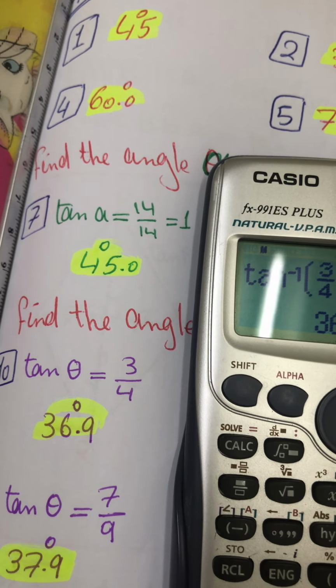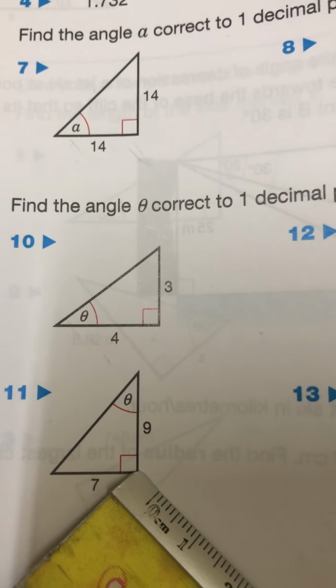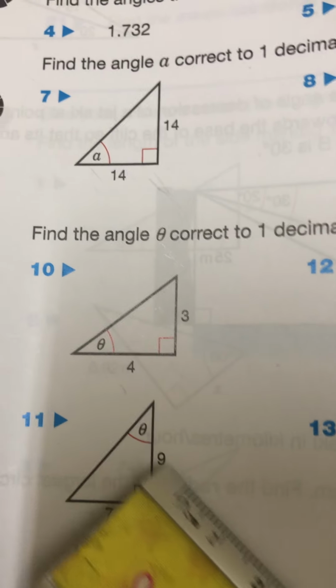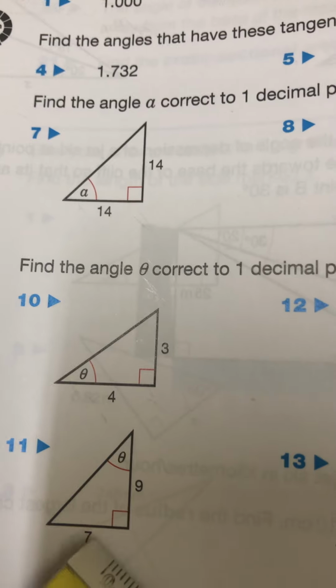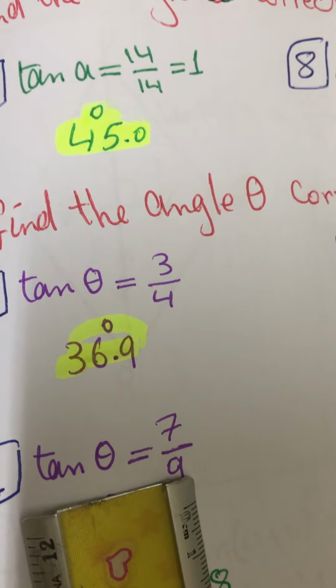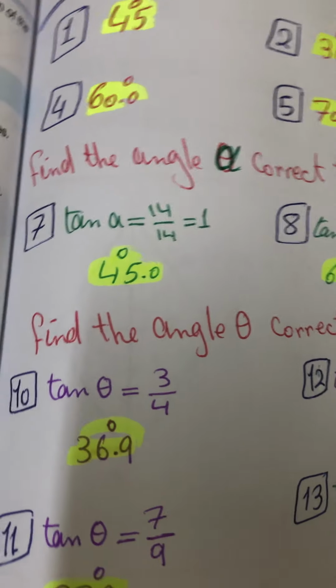Question number 11. Also we have angle theta, and I want to calculate the angle. I have the opposite and adjacent, so tan theta equals opposite over adjacent, 7/9.